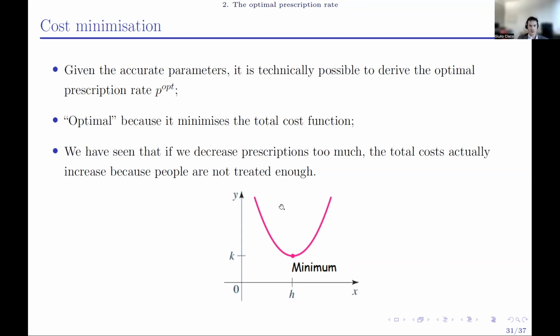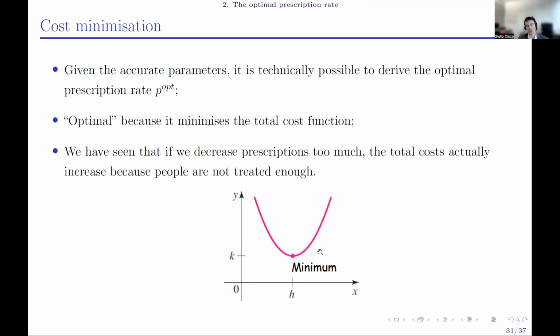because what is important, and we try to do it with the model, is that if the prescriptions are too low, then the costs are actually higher. Here you can see in general how a cost function could work in this case. At the beginning, the costs are higher because if you prescribe less antibiotics, you have more infections, of course, so you have more treatment cost at the beginning.